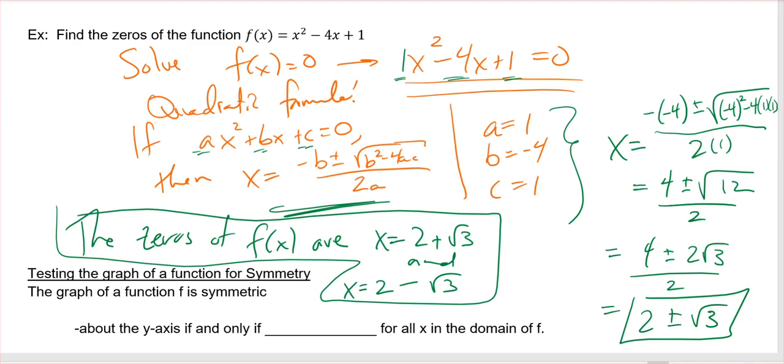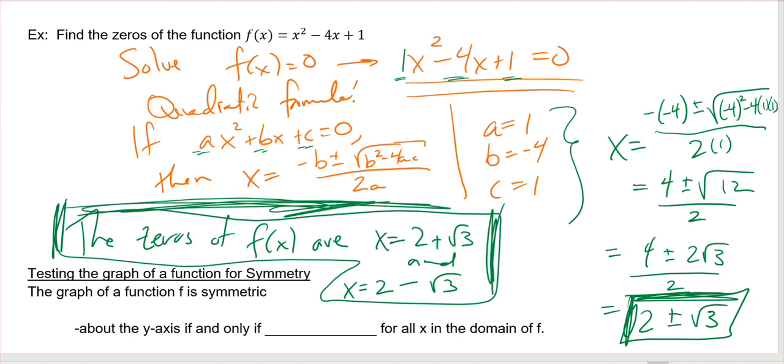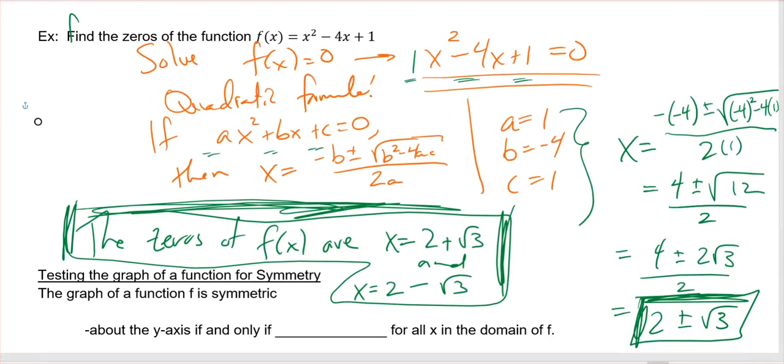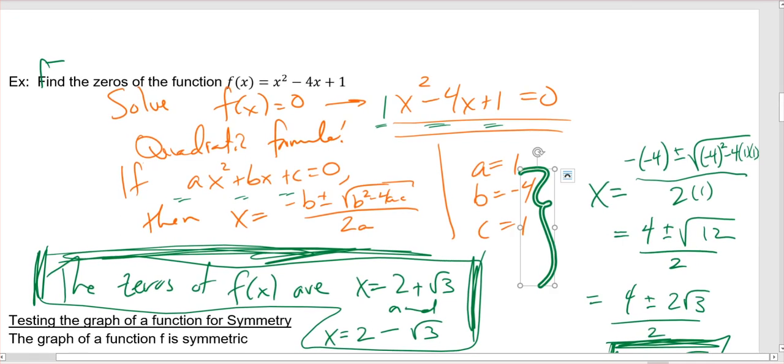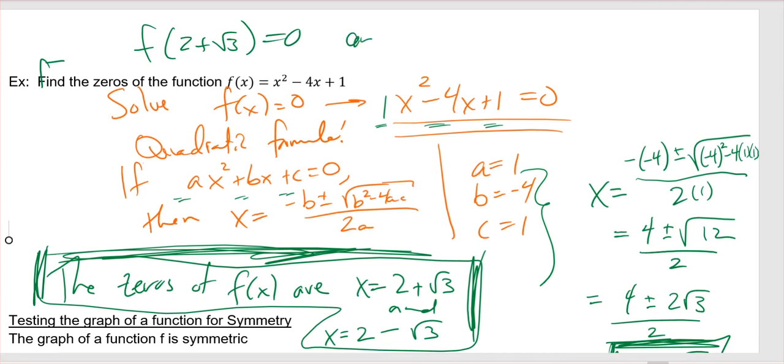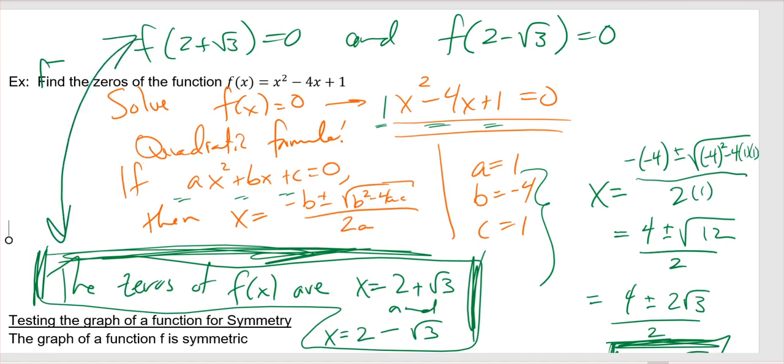So just to be specific about what I just said, we can phrase this in this sentence right here and say the zeros of f of x are this. Similarly, we could also say f of 2 plus square root of 3 equals 0, and f of 2 minus square root of 3 equals 0. These two statements are saying the same thing, and we're going to use that fact later.